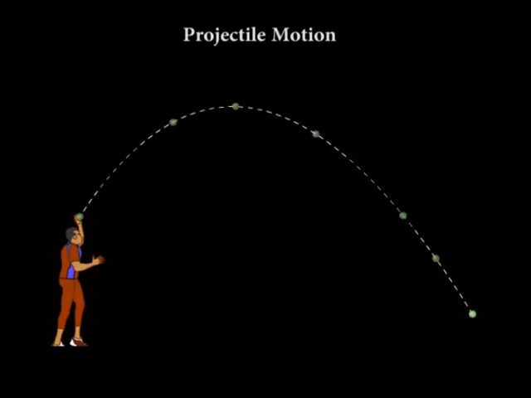At each point, the velocity has components in the horizontal and vertical directions. The horizontal component remains unchanged throughout the flight. The vertical component changes continuously due to the force of gravity.